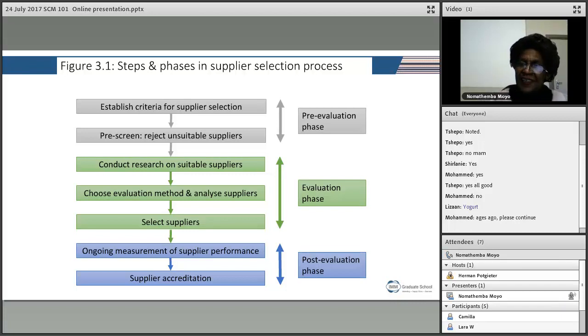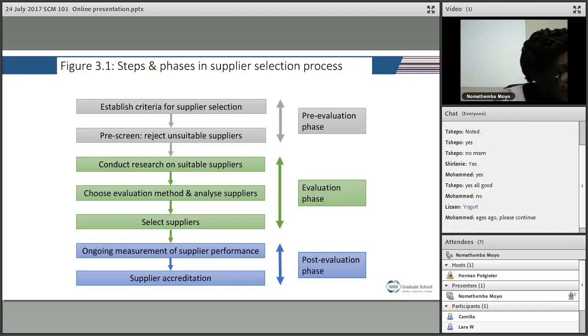After you have selected these suppliers, signed contracts with them, trained them so they understand what you want, you have met them and planned with them, they are now your suppliers, and there is an ongoing measurement of these suppliers. You are now looking at supplier performance.